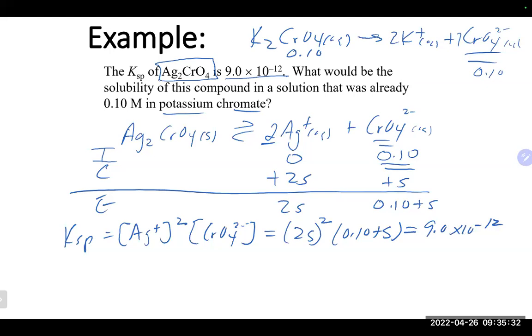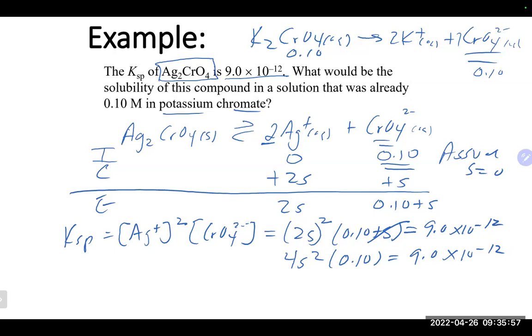Just like I did on the previous problem, I'm going to assume that S is small compared to 0.1, since it is the one we're adding. So that will give me 4S squared times 0.1 is equal to 9 times 10 to the minus 12. However you want to do that, you can multiply the 4 and the 0.1 together, then divide, or divide them separately, whichever way you want.